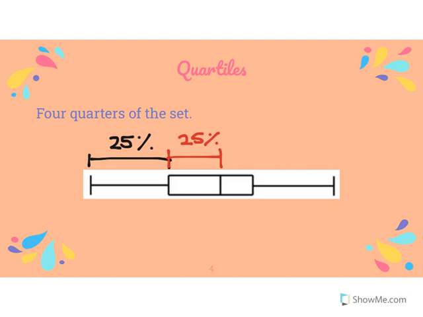Even though these distances are smaller than the other, it still is actually 25%, even though they look different. And then our last one from here to here is also 25%. So no matter what, they are all 25% of the data. It's splitting our entire box and whisker plot into 4 quarters.